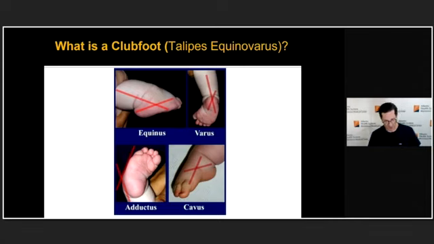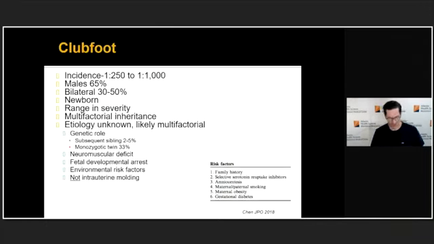Forefoot adductus, which is medial deviation of the forefoot relative to the hind foot. And cavus, which is plantar flexion of the medial ray of the foot relative to the hind foot. So if you are able to recognize those four deformities, then you can diagnose a club foot.